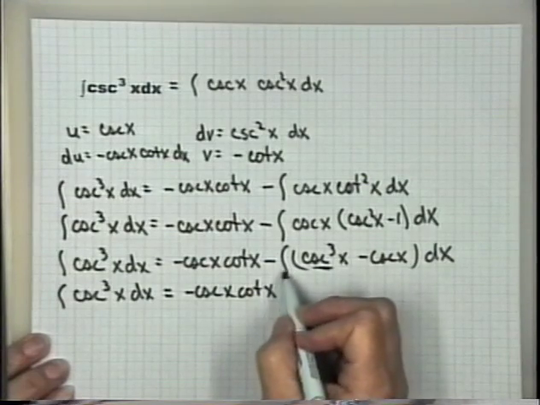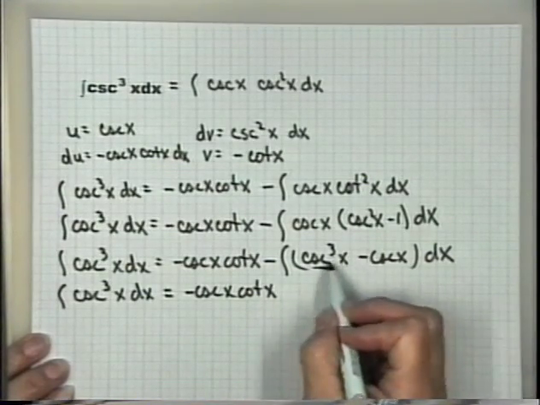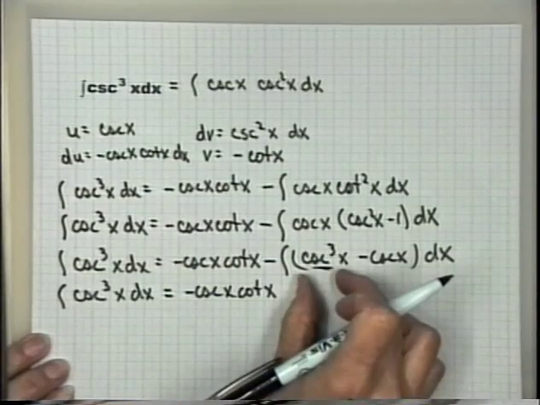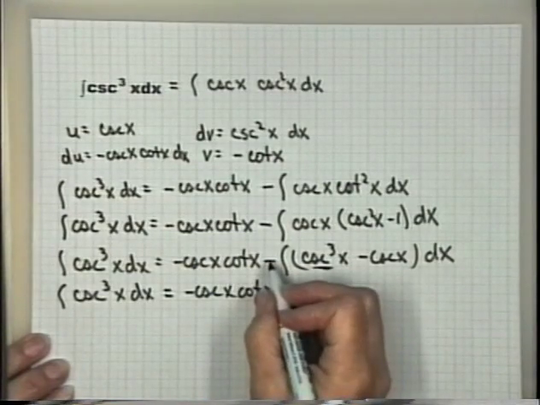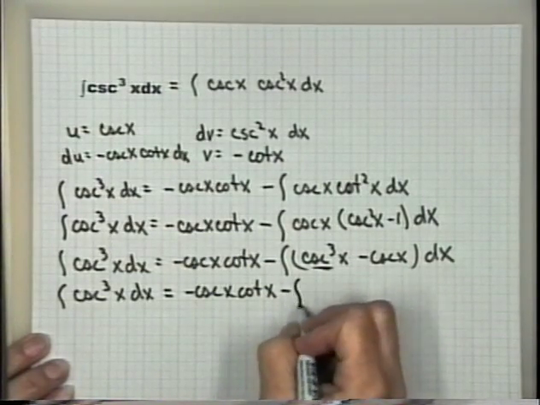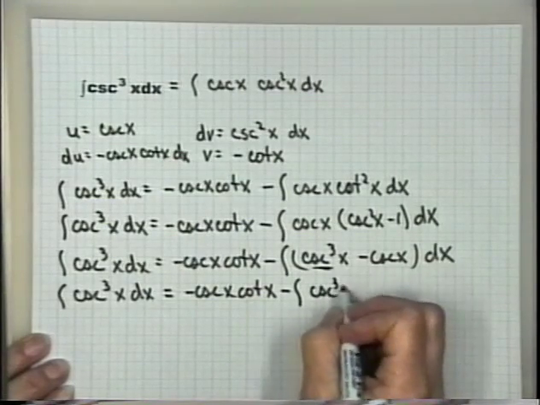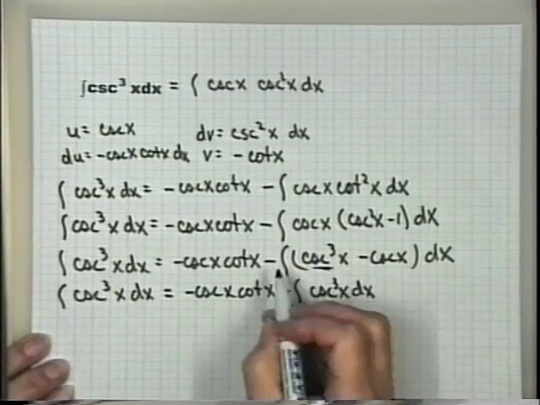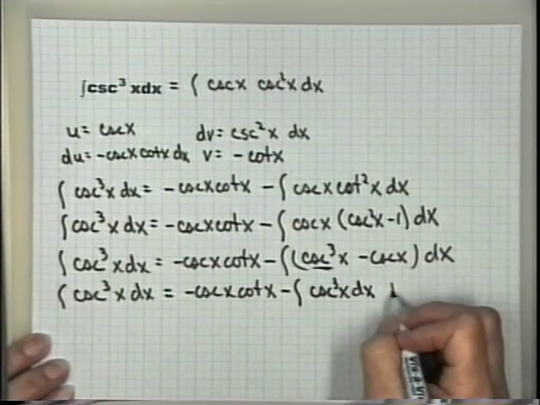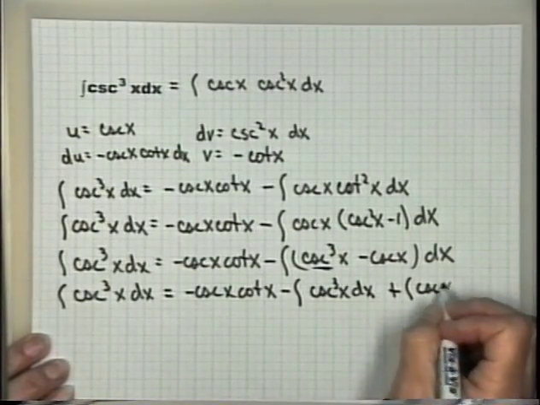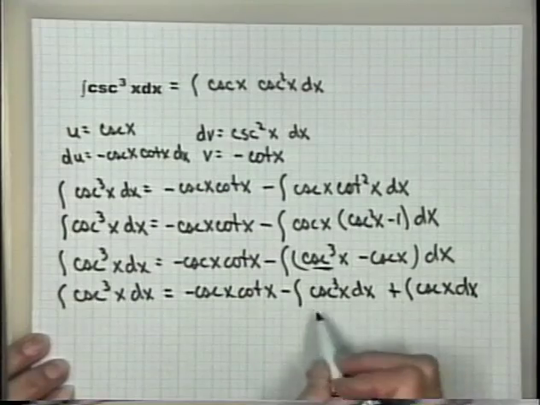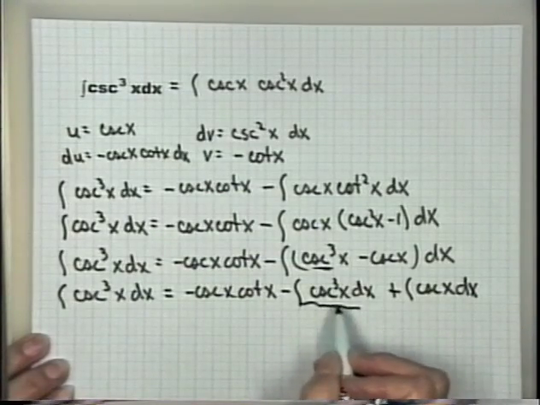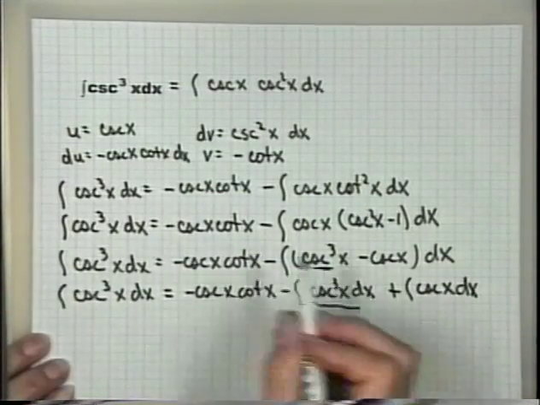Remember, if you are finding an antiderivative and you have a difference between two functions, you do this one minus this one. So let's keep in mind this sign right here. I've got minus the integral of cosecant cubed x dx, and then this minus will change that to a plus the integral of cosecant x dx. This I can add to the other side, okay?